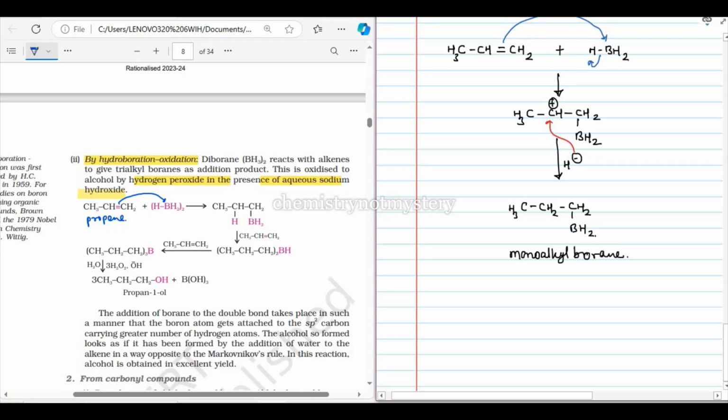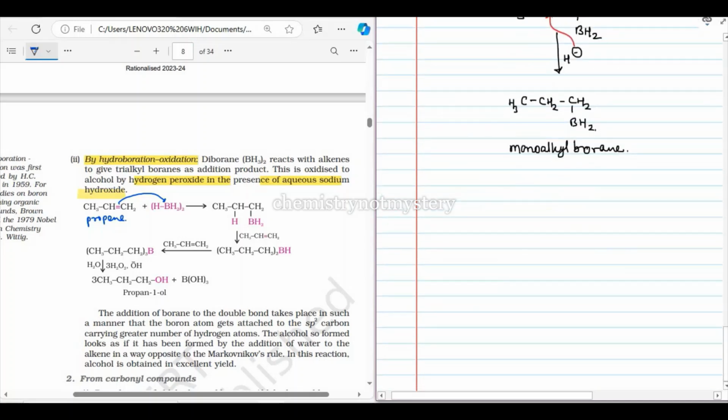Now this monoalkyl borane reacts with another molecule of alkene. So now this monoalkyl borane reacts with another molecule of propene, CH3 single bond CH double bond CH2. So again one of the carbon utilizes both the pi electrons to make bond with the boron, and another H will be removed in the form of H negative ion, which gets attached to the formed carbocation.